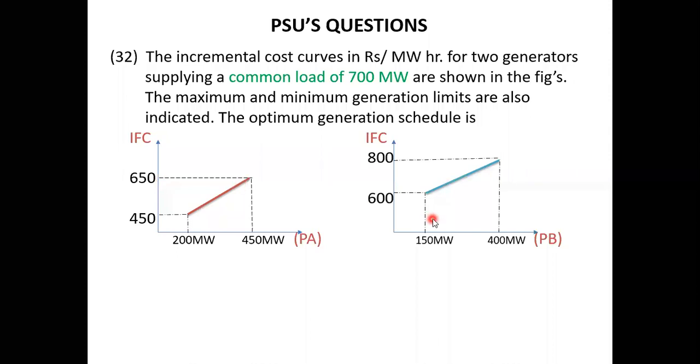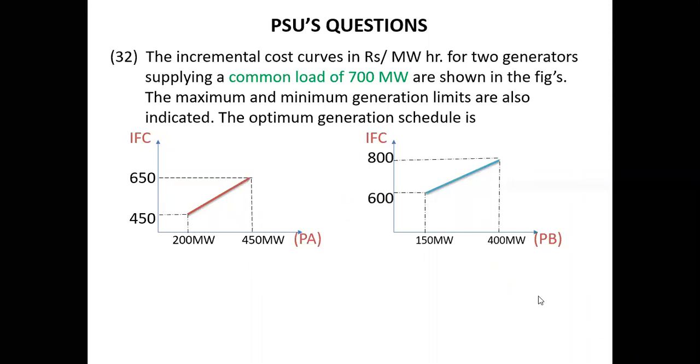Similarly, you can understand the same thing in generator B. That is, if you want to generate 150 megawatts, you need to spend 600 rupees per megawatt hour. Similarly, when you are considering the upper limit for generator B, for generating 400 megawatts, you need to spend 800 rupees per megawatt hour. So from this, easily you can understand which generator will have more incremental fuel cost.